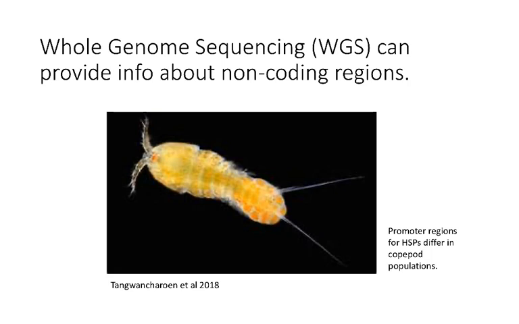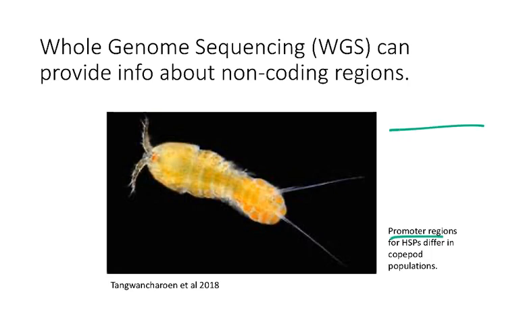Okay, and then lastly, you can also, with whole genome sequencing, look at non-coding regions. Like I just said a few slides ago, when you're getting data from whole genome sequencing, you're looking at both coding and non-coding regions. Those non-coding regions can be really interesting when you're looking at promoter regions, for instance.